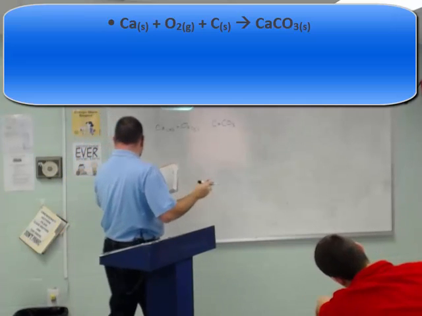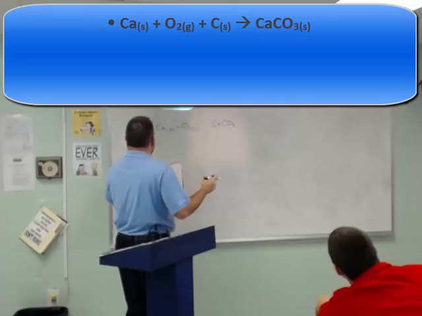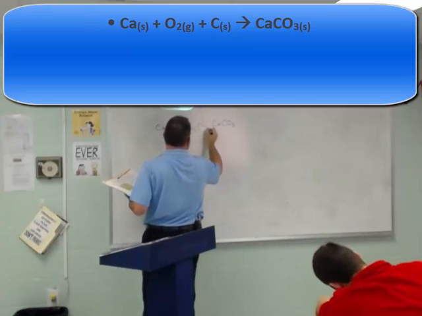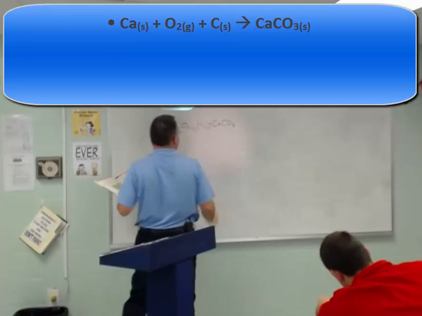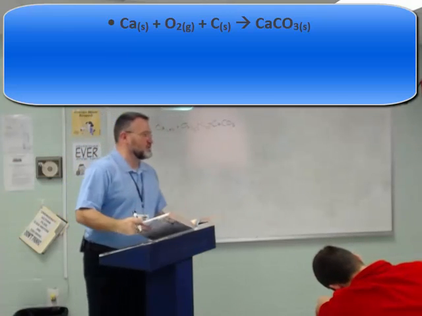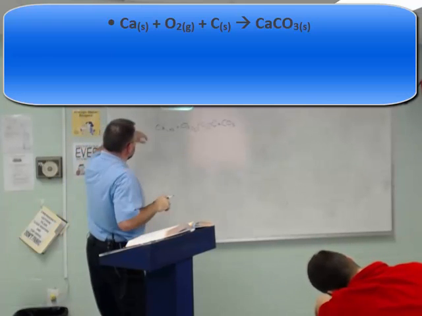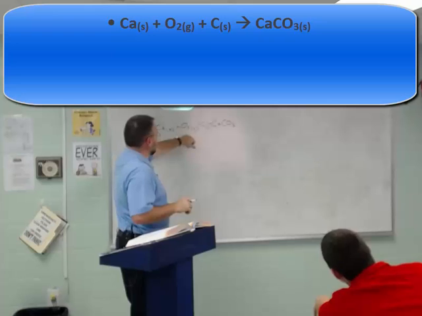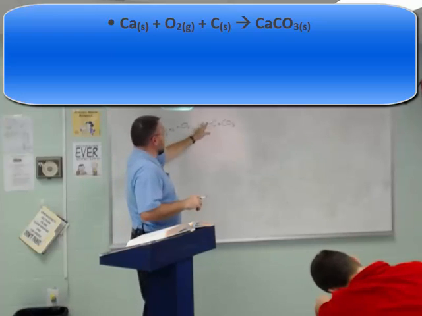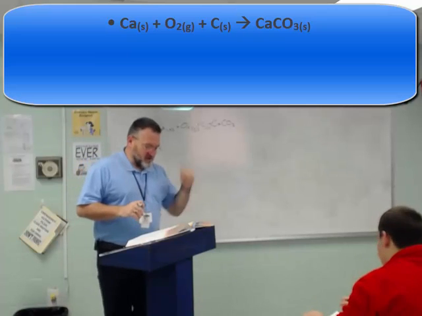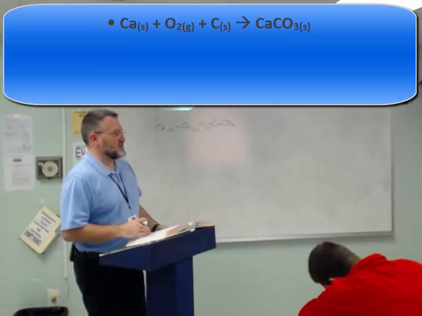It reacts with gaseous oxygen and solid carbon. Solid carbon. It's not a C2, it's a C. Carbon's not a homonuclear diatomic. So solid calcium, gaseous oxygen, and solid carbon reacts to produce calcium carbonate. What's the balanced equation for that reaction?